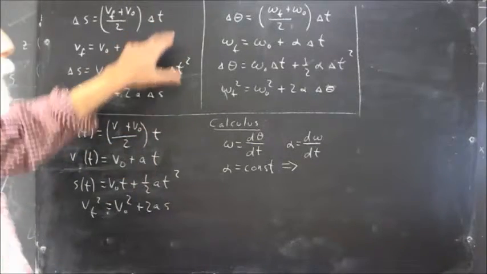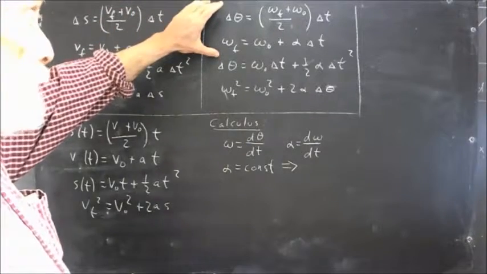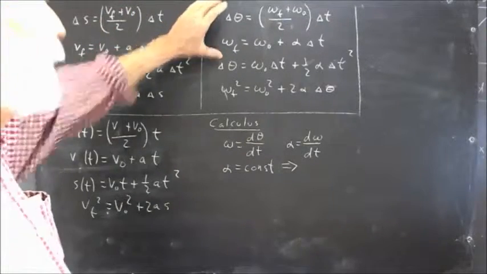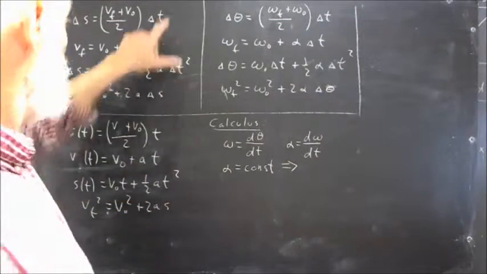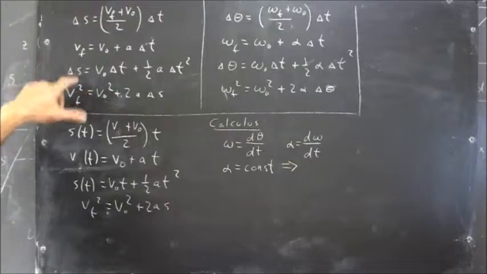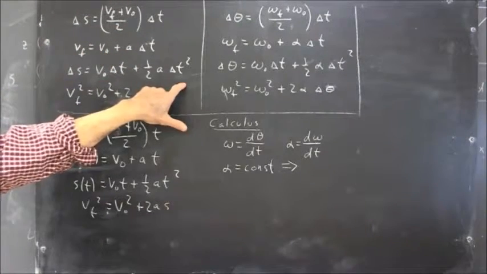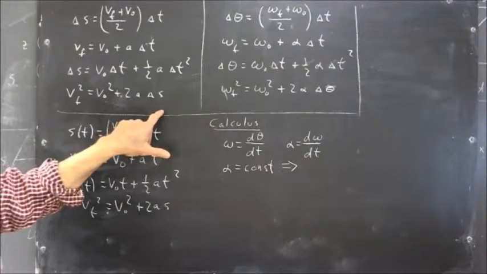That is, we get our two equations, which are just rearrangements of the equations we obtained earlier from the definitions of velocity and acceleration. And here we eliminate VF from the two equations, and we get this equation. We eliminate delta t from the two equations, and we get this equation.